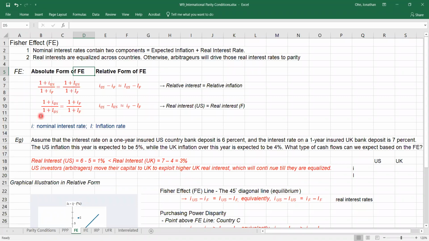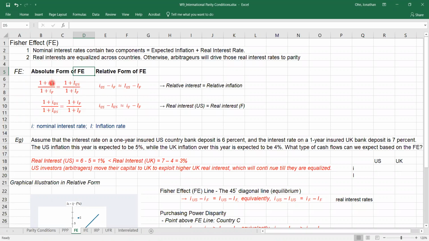This is the UK, for example: UK interest rate adjusted for UK inflation. That's the real interest rate for the UK, right? And if you move this one this way and this one this way, you have this model too. It's the same thing.